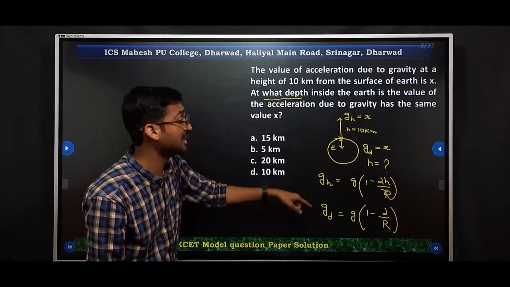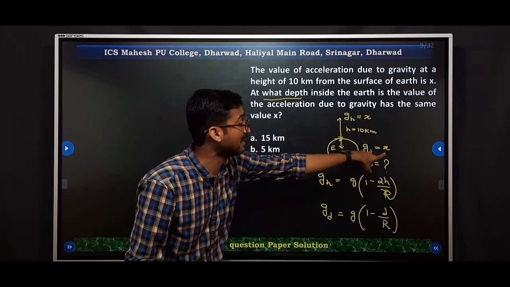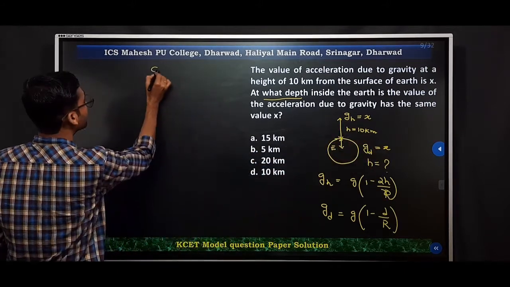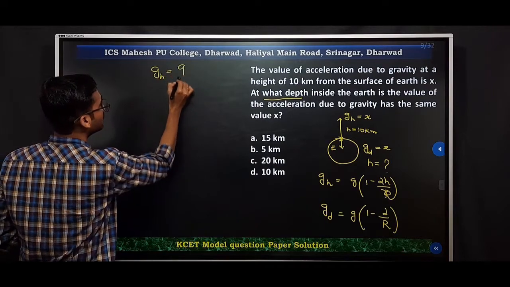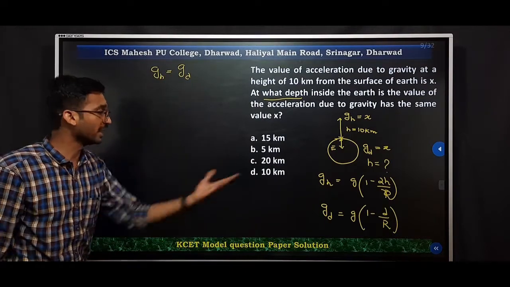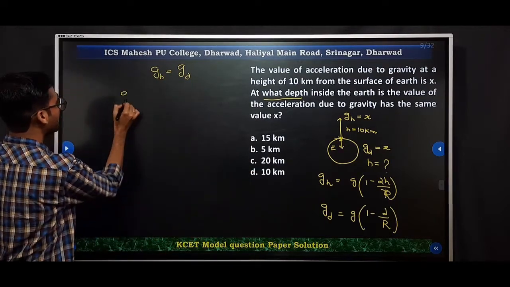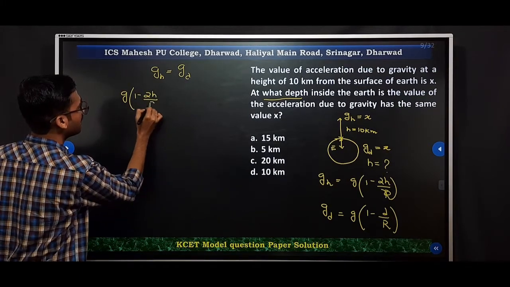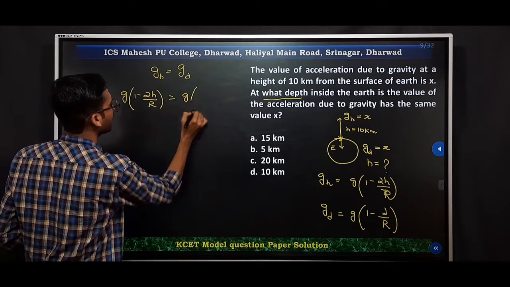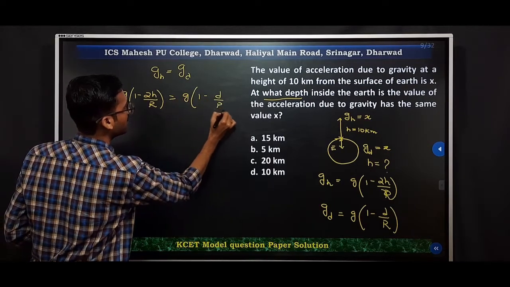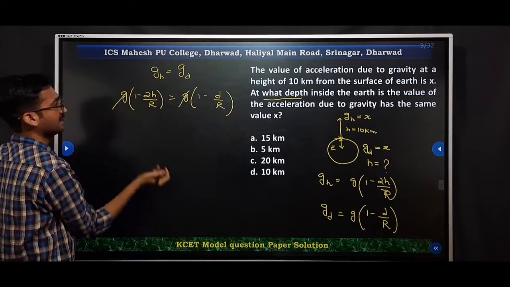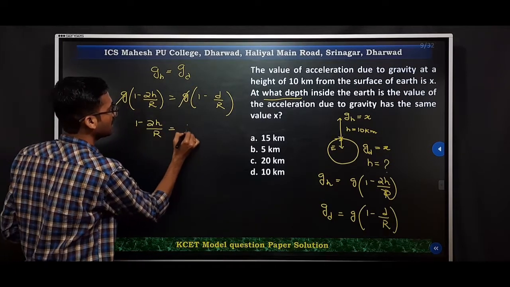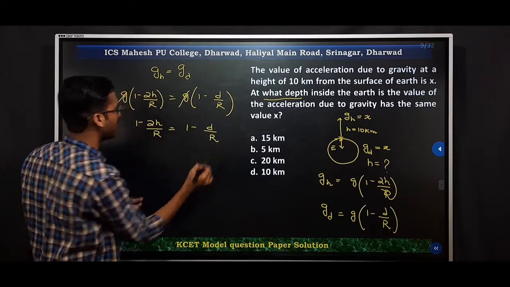In both these conditions, I want to have the same acceleration due to gravity as x itself. Therefore, I can make gh equal to gd. Substitute that now. g into bracket 1 minus 2h whole divided by capital R equals g into bracket 1 minus d whole divided by R. g gets cancelled. Therefore 1 minus 2h whole divided by R is equal to 1 minus d whole divided by R.